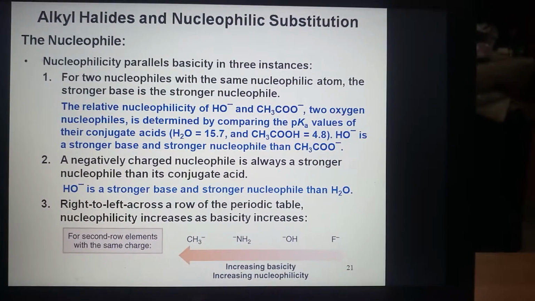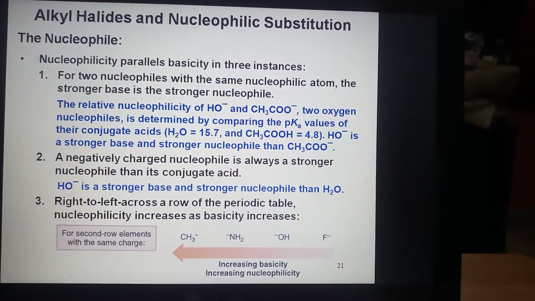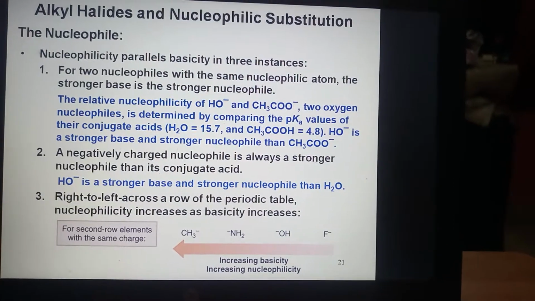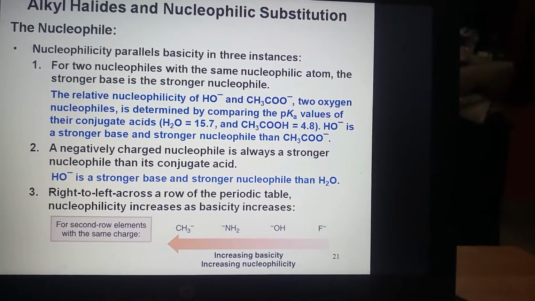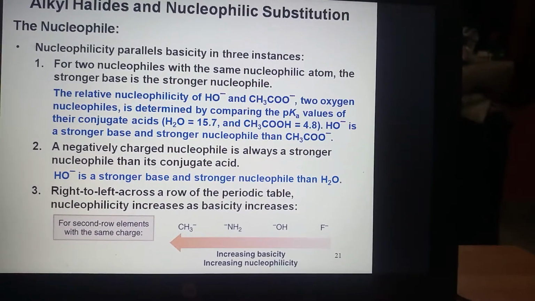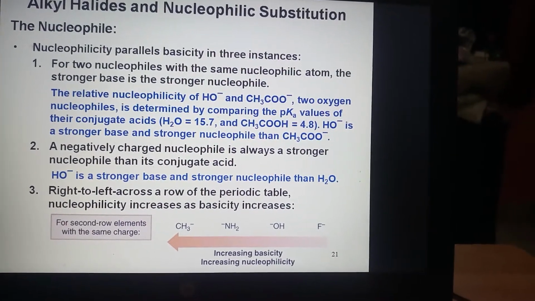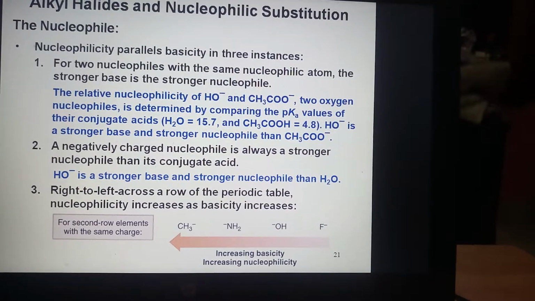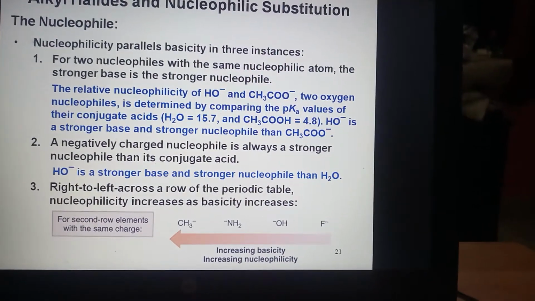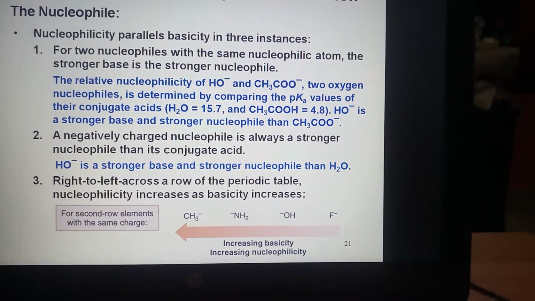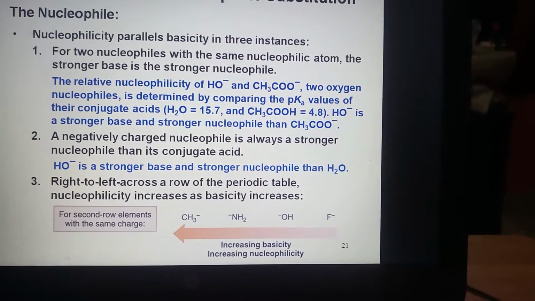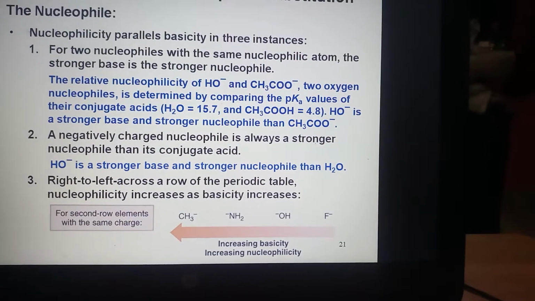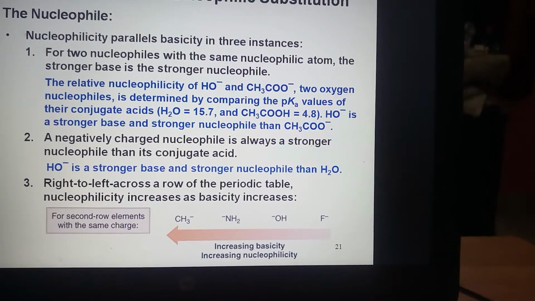Sometimes nucleophilicity parallels basicity, in three instances. What are they? First, for two nucleophiles with the same nucleophilic atom, the stronger base is the stronger nucleophile. For example, the relative nucleophilicity of OH- and CH3CO2-, both oxygen nucleophiles, is determined by comparing the pKa values of their conjugate acids.